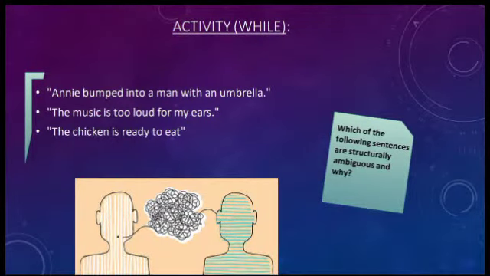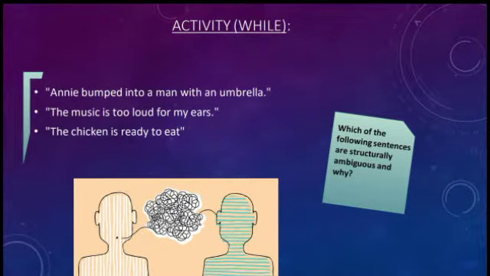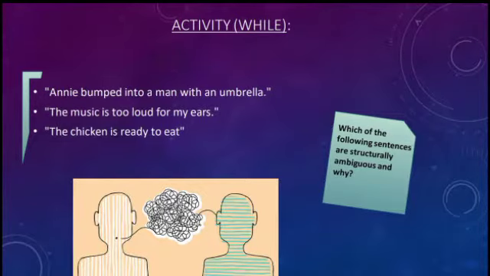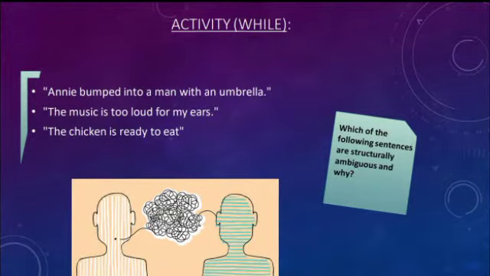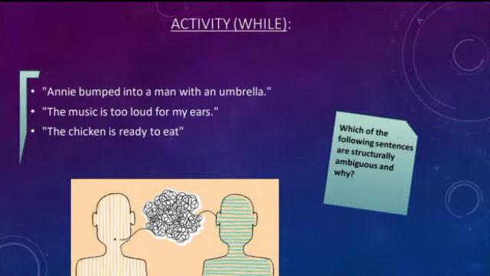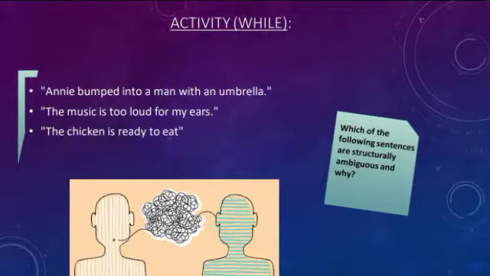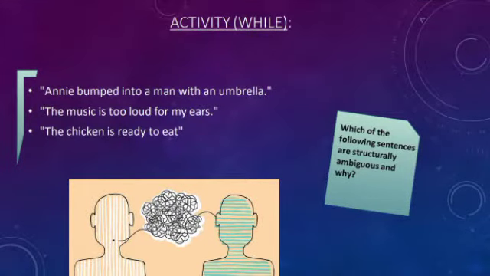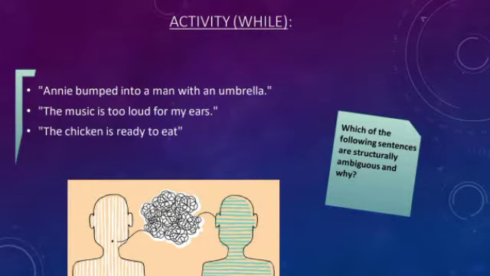The activity: we, the teachers, will write on the board three different sentences, of which two will be structurally ambiguous and the other sentence is going to be normal. Students should identify the sentences which are structurally ambiguous and explain why they are ambiguous, that is to say, writing their two interpretations.